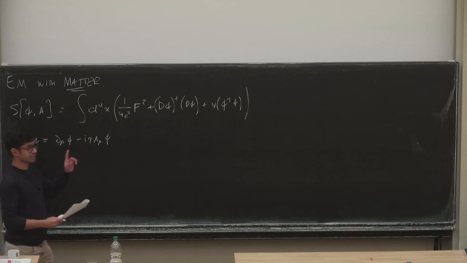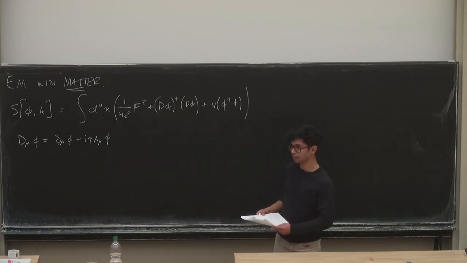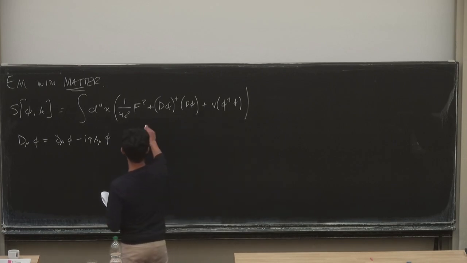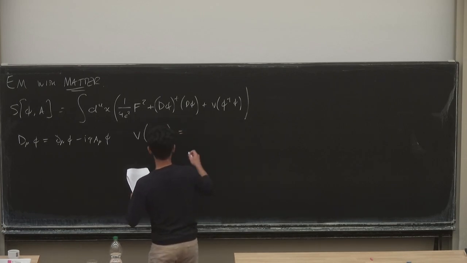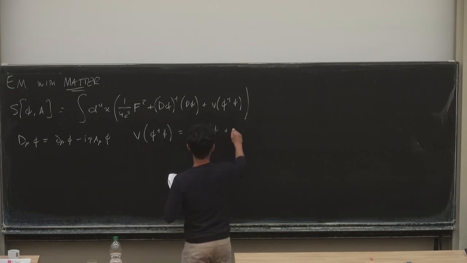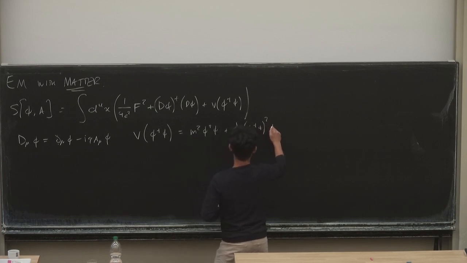This is perfectly gauge invariant, but the question we should now ask is what happens to the symmetries? And the potential, which I've written down, it's important that it have at least two terms in it: m^2 φ†φ plus λ/4 (φ†φ)^2.